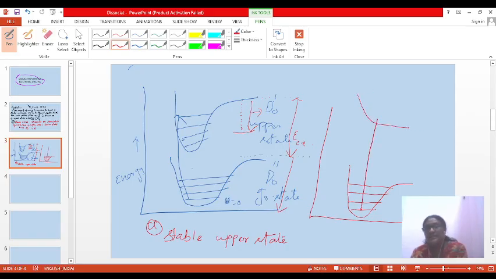This is the upper state. This distance is E kinetic.